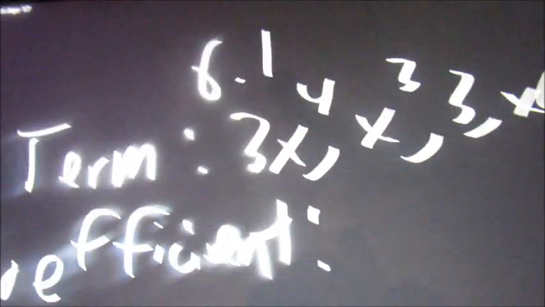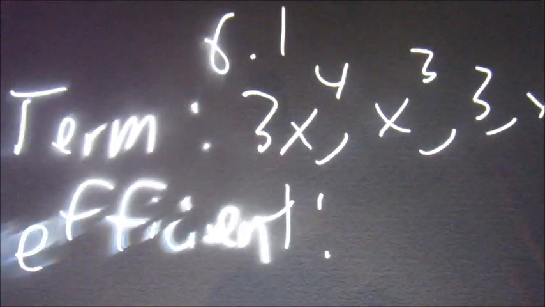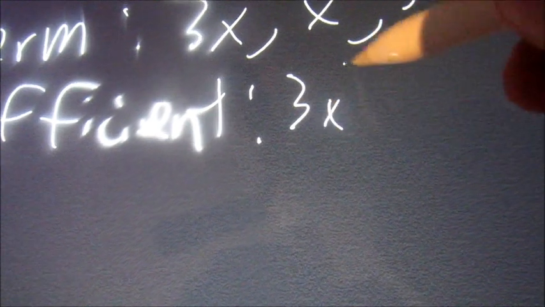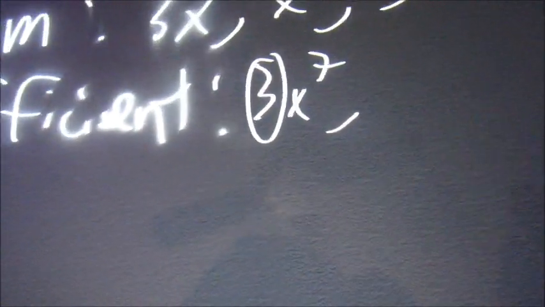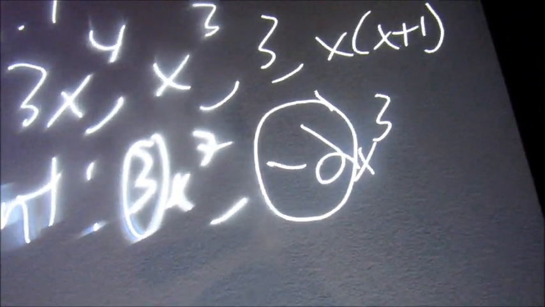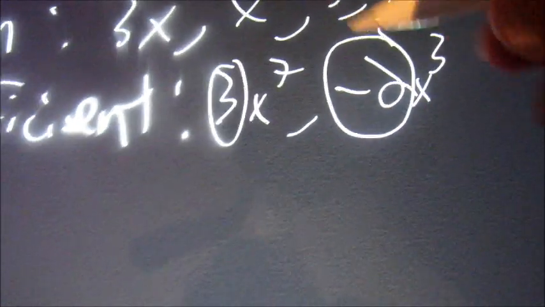The coefficient is just whatever number is in front of the variable or the letter. So here, the coefficient is 3. This one has a coefficient of 1. So let's say we have 3x to the 7. The coefficient is 3. If we have negative 2x to the 3, the coefficient is negative 2. The negative sign is included.